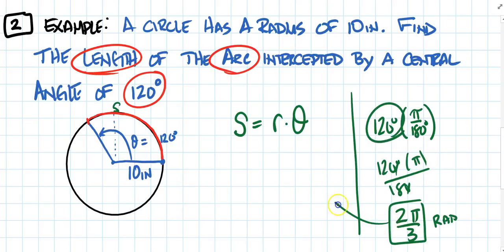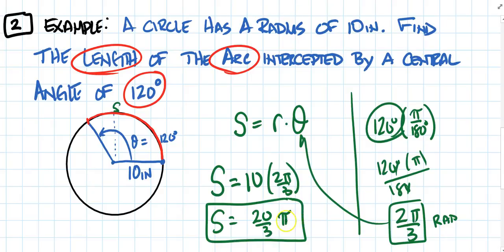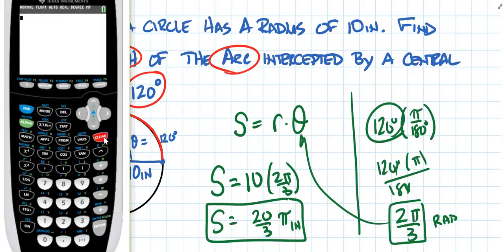Now that I have that, I can plug it into the formula and continue. So s is equal to the radius, which I know is 10 inches, multiplied by 2 pi over 3. So s is going to be 10 times 2 pi, which is 20 thirds times pi. Now you can leave it as 20 pi over 3 or 20 thirds pi inches, or you could calculate that out to 2 decimal places if you wanted to.